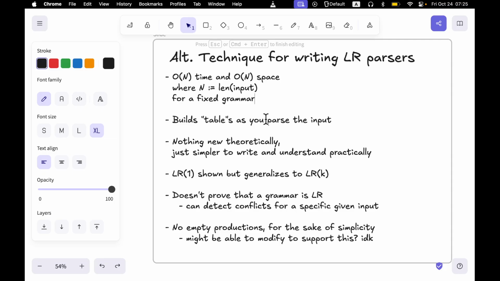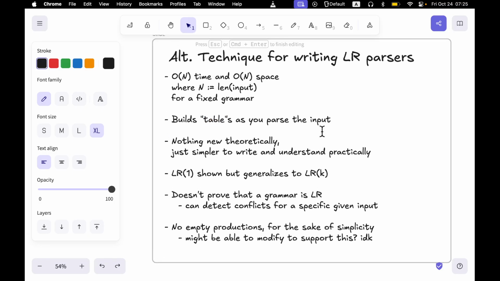The difference between this alternative technique and the traditional technique is that it builds, quote unquote, tables as you parse the input. So, yeah, that makes it simpler to write and simpler to understand what is going on inside the parser.